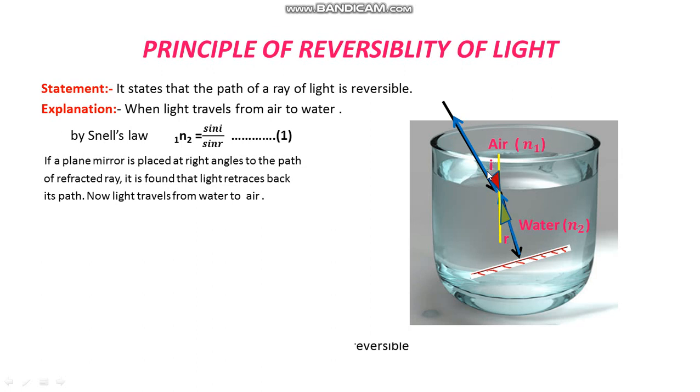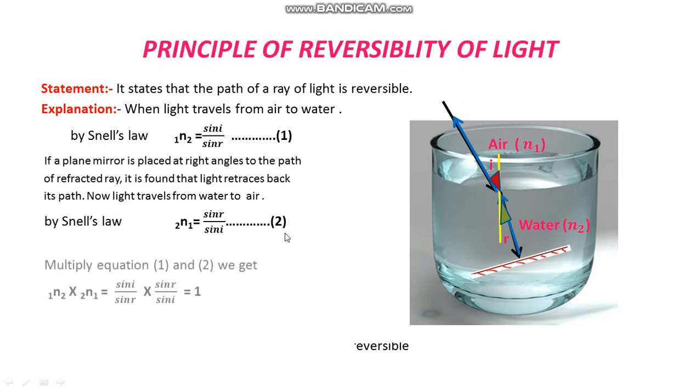So now from Snell's law we write one equation, and one more equation for the refraction of light here. So see, multiplying equation 1 and equation 2, what are we getting?